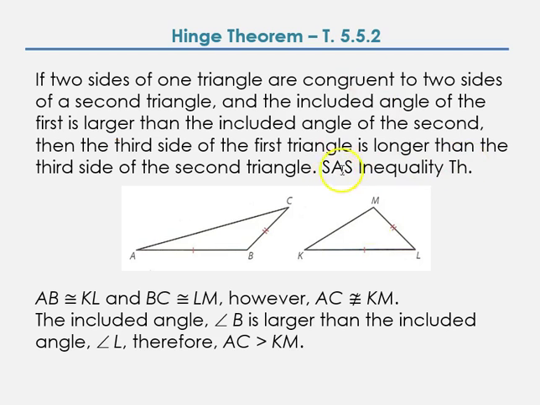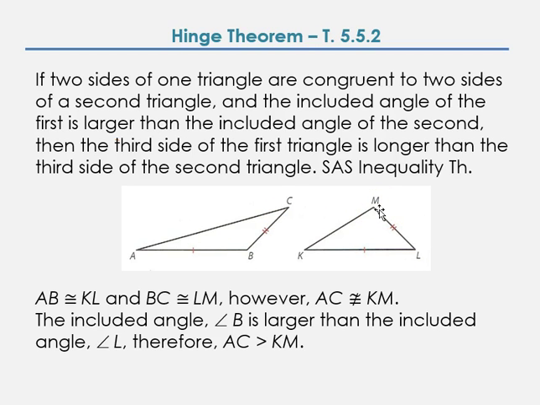This is a lot of words, but basically what they're stating is this. We have two triangles here, and for both of these triangles, when we compare them, we find that they have two congruent sides. So AB is congruent to KL, and BC is congruent to LM.